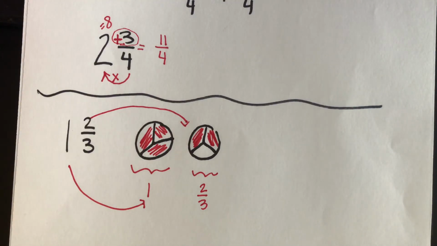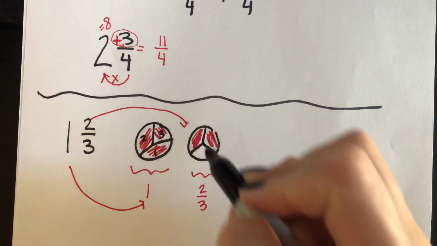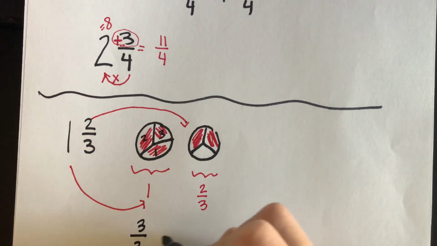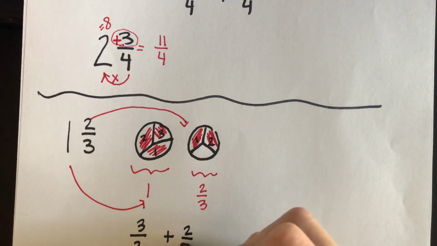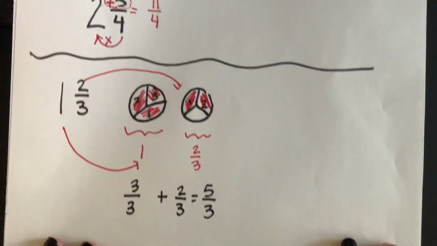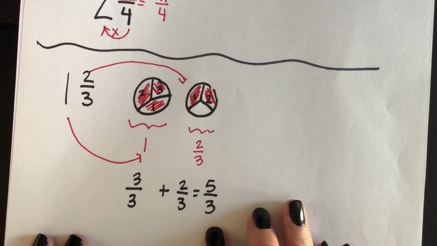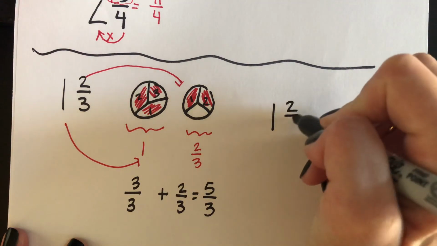So now if I put these all together, I have a total of 3/3 plus 2/3 and I end up with 5/3. Again, that's making my improper fraction, but I don't have time to do that every single time. So here's my 1 2/3.